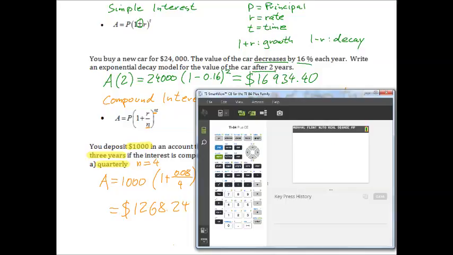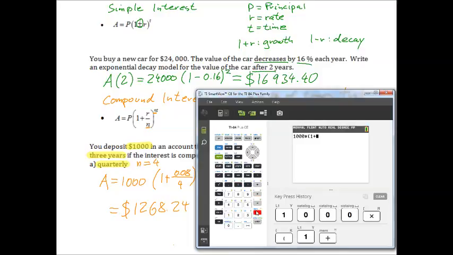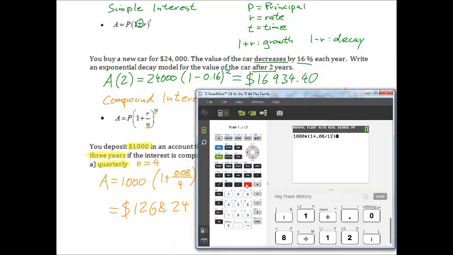And here goes our calculator. 1,000 times 1 plus 0.08 divided by 12, and that gets raised to the power of 36.